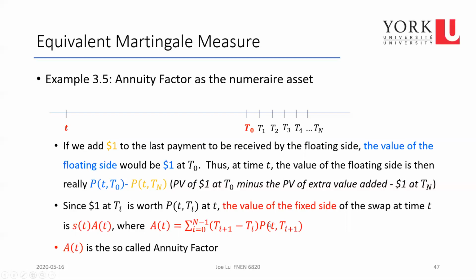So what is the value of the fixed side? Now the value of the fixed side of the swap is really this: if you were to have $1 paid here, here, here, and here, the present value of all those $1 payments in those time periods will be this value here. Basically, it is the discounted value of this $1.